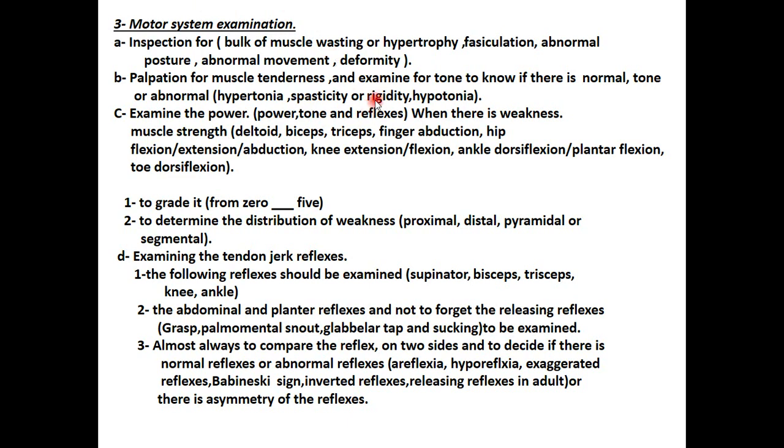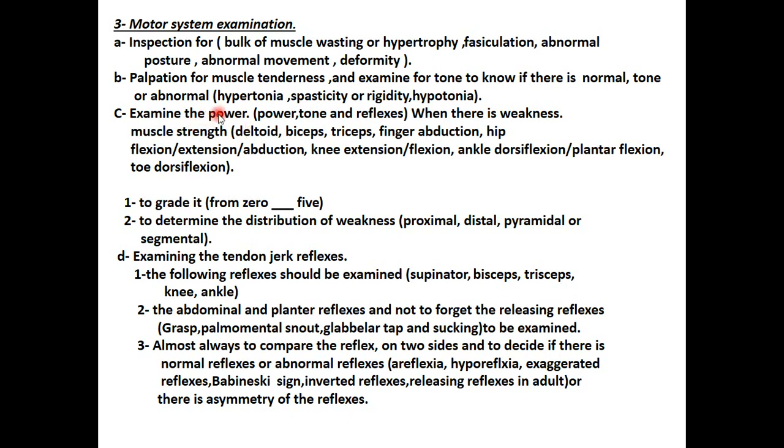For example, in upper motor neuron lesion, the patient with a stroke, we may see spasticity or rigidity. We may see lead pipe rigidity, cogwheel rigidity, or clasp-knife rigidity. We have many types of rigidity during examination of the tone of the patient by passive movement of the upper limbs or lower limbs.